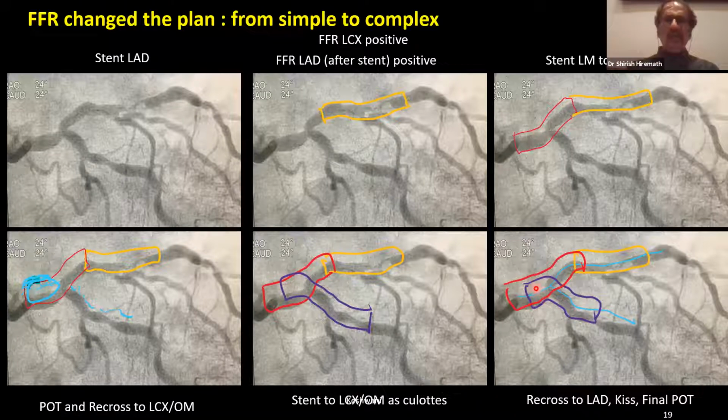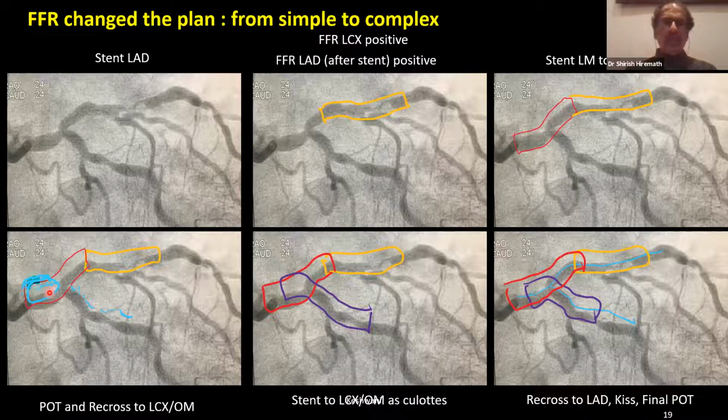So this is how this particular case went. We put the first stent. This was important because only when you take out this lesion, the FFR to LAD becomes realistic. So after doing this, the FFR was positive in LAD as well as circumflex. So the next stent was placed in the left main to LAD, starting at the ostium.